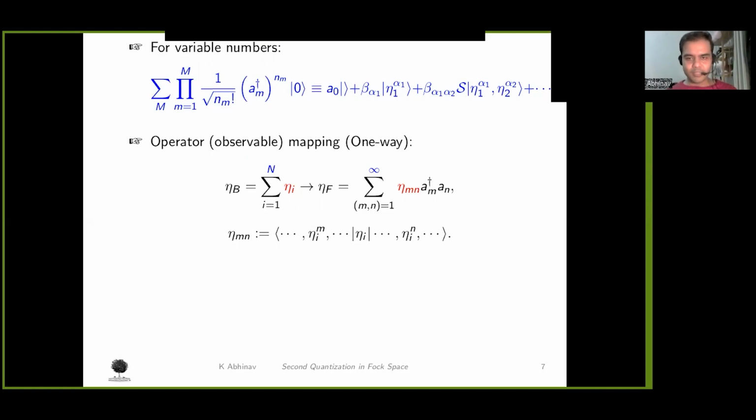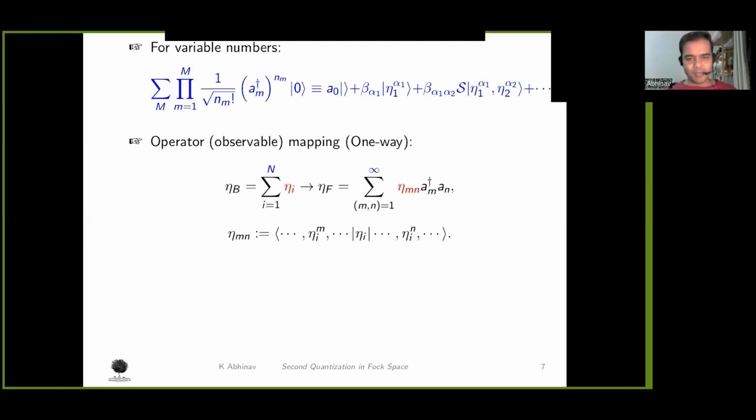So eta mn is the corresponding coefficient in the Fock space, but this coefficient is defined as the expectation value of eta i in the bosonic space. So that is the connection: eta i's in the bosonic space are related to the coefficients eta mn in the Fock space. And mind you, this summation in the bosonic space goes up to capital N, which is usually finite, but in the Fock space the summation goes up to infinity because there are infinite states possible.